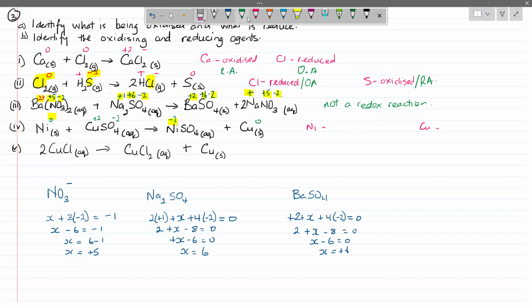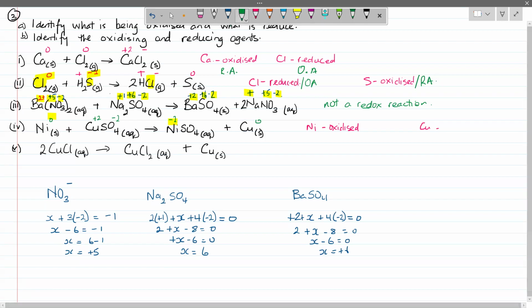The nickel is being oxidized because it's losing electrons, right? Losing 2 electrons to go up to +2.